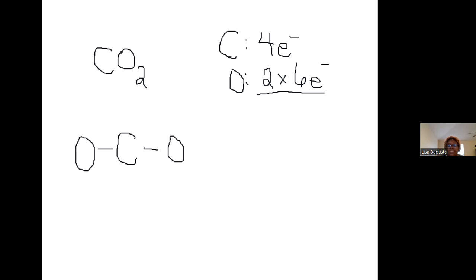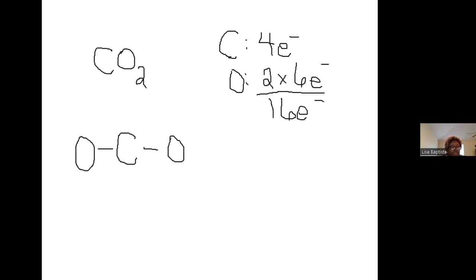We have 2 times 6 electrons from oxygen. So we know that 2 times 6 is 12. And if we add 4 to that, we get 16 electrons, okay? So that's the total number of electrons that we have to work with to draw our structure, right?